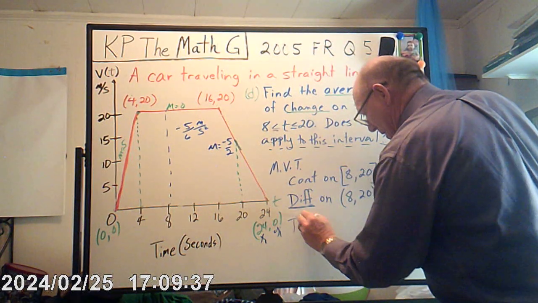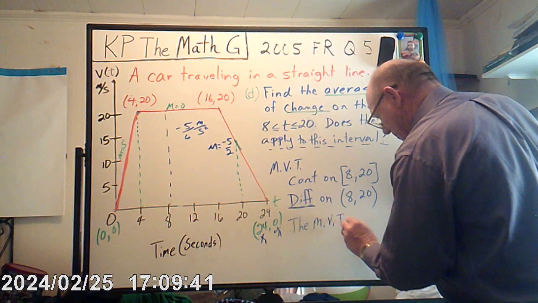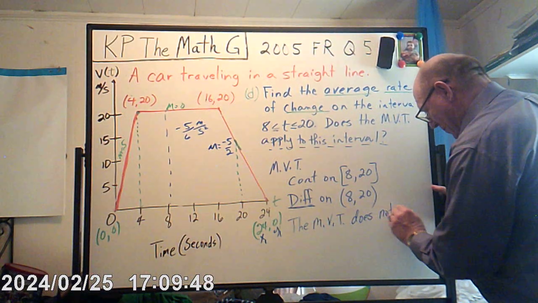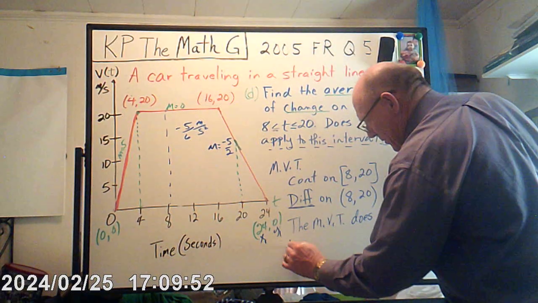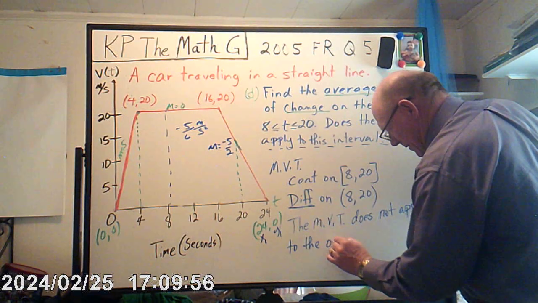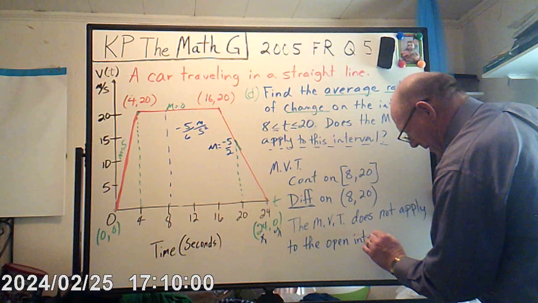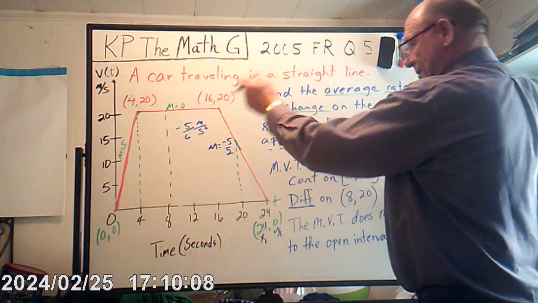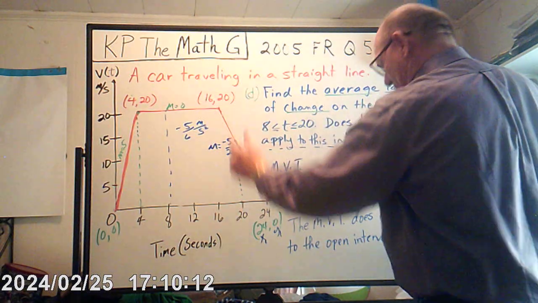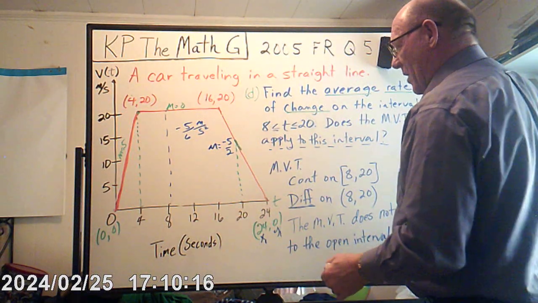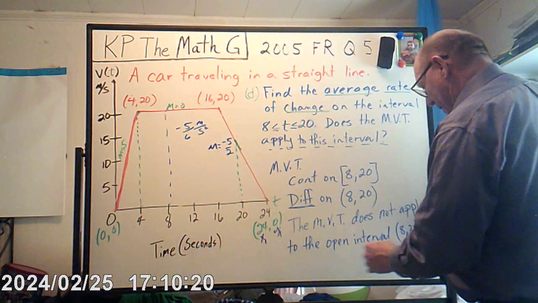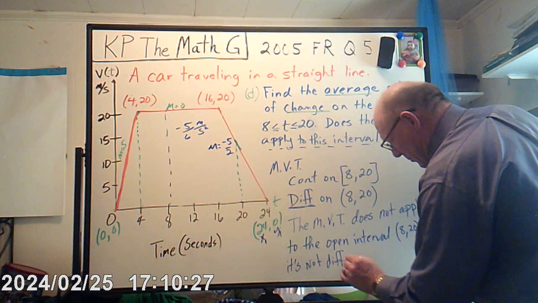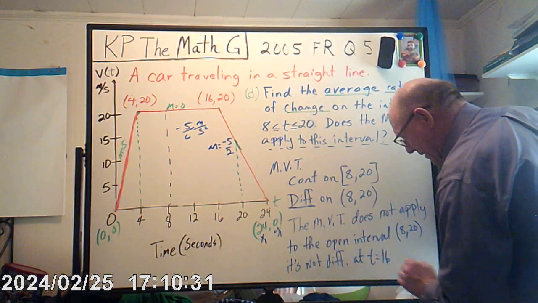So the mean value theorem cannot apply here, or does not apply to the open interval 8 to 20, simply because we got V prime at 16 right here, because it's not differentiable at t equals 16.